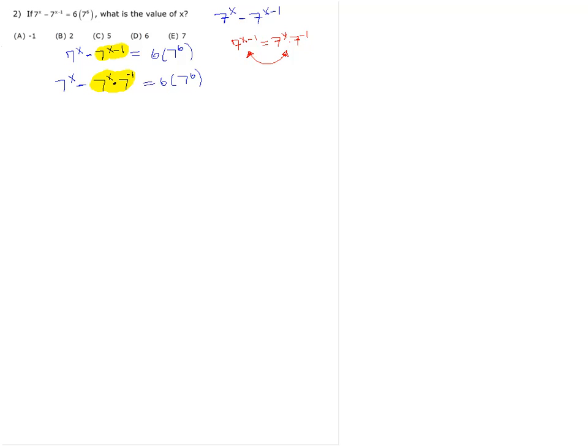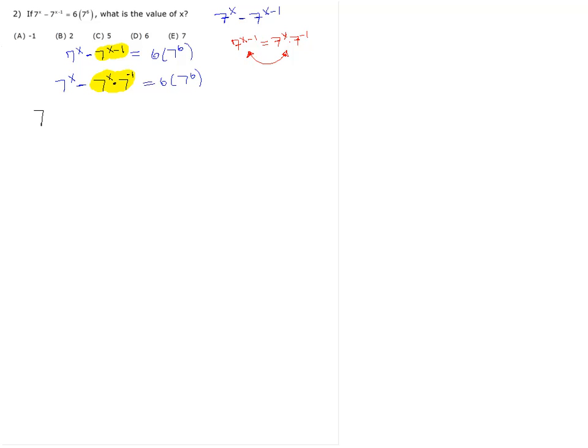Okay, so what that means is I am going to now pull 7 to the x out of that equation on the left-hand side. Now watch carefully, because if you're not used to this, it's going to be slightly confusing, but watch really carefully.